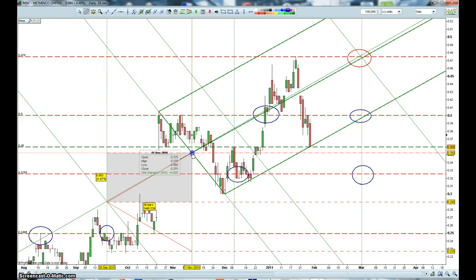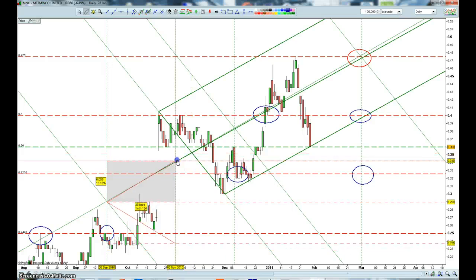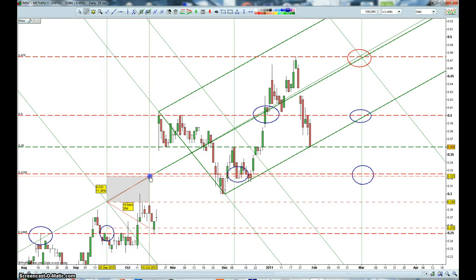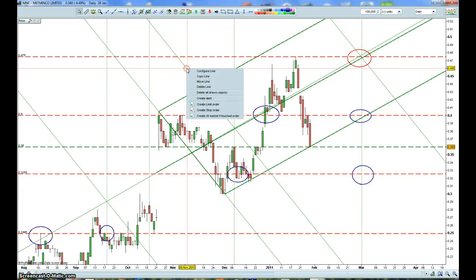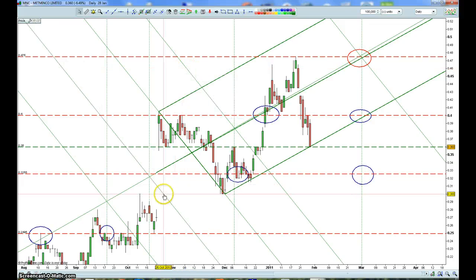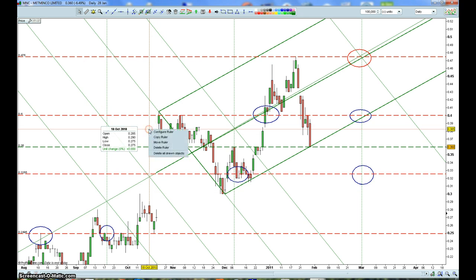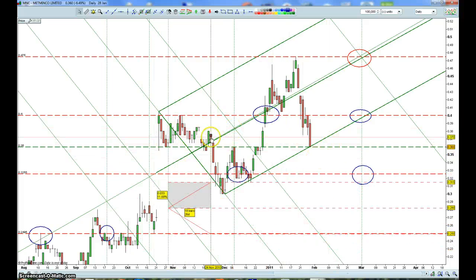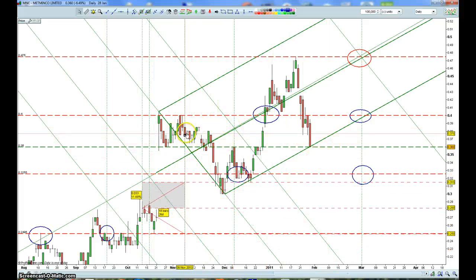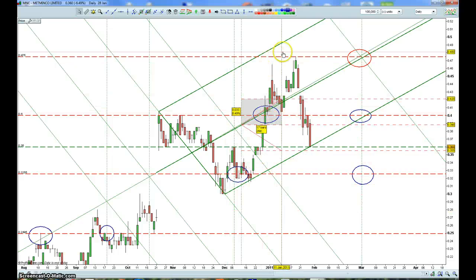That's about 36 bars across, so halfway will be 18 bars right there. Copy that onto there, and I'll copy that 18 bars over to here if I can get it.